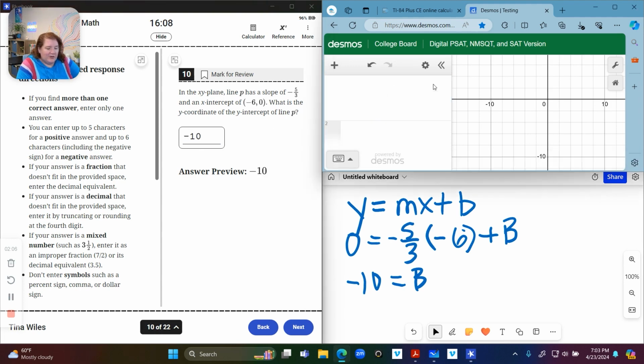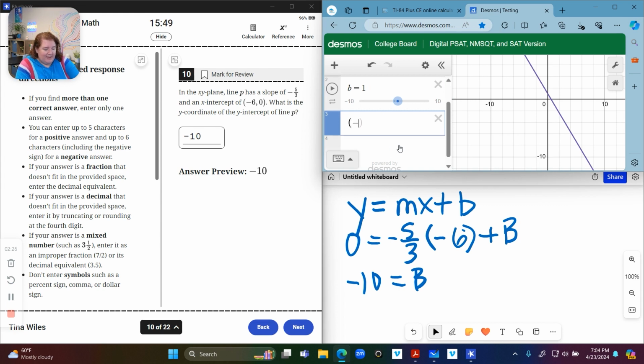Now, I could also graph it. If we did y equals -5/3 x plus b, because I need to know what b is, I'm going to add a slider for that. And we know it goes through the point -6, 0.